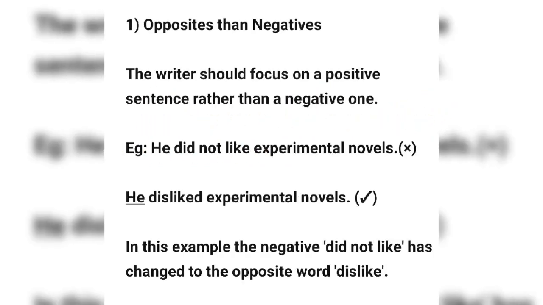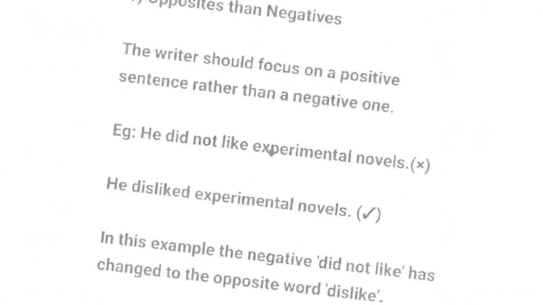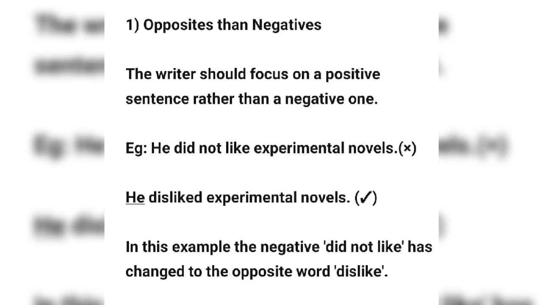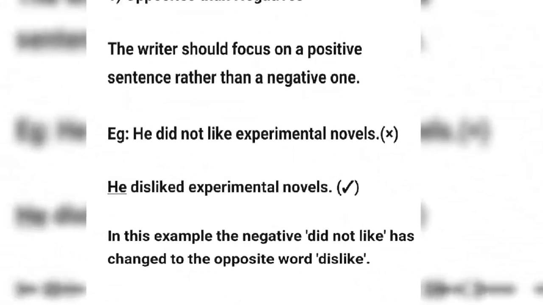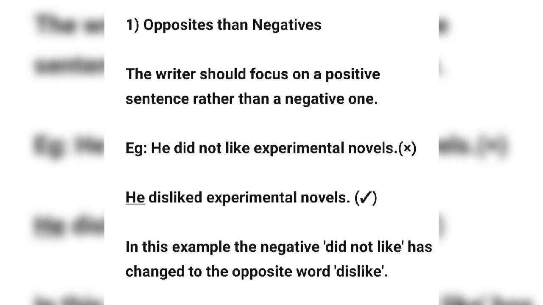Opposites than negatives. The writer should focus on a positive sentence rather than a negative one. Let's see the examples. He did not like experimental novels. Next sentence. He disliked experimental novels.